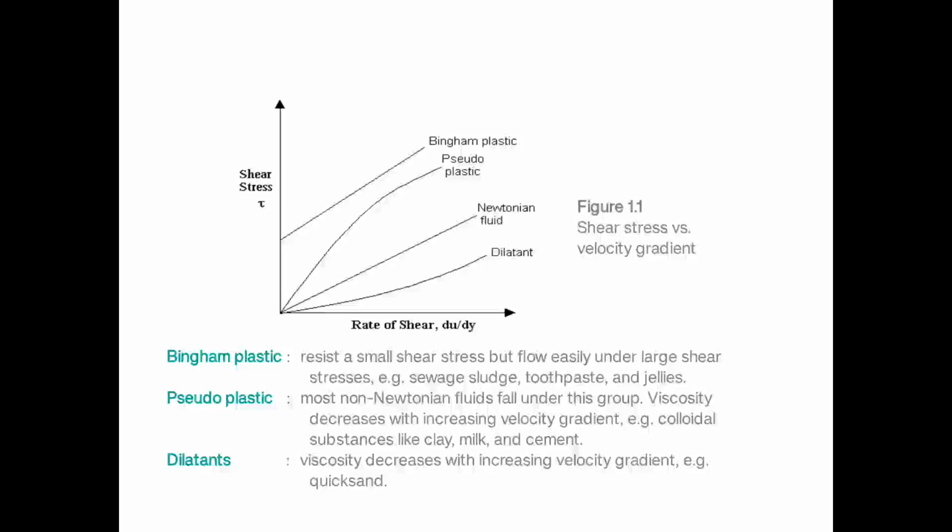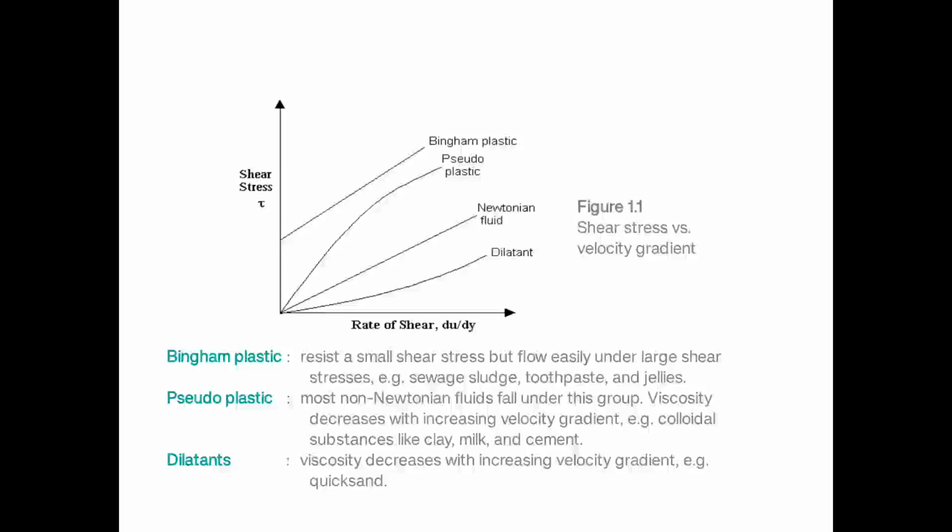Got it? Then, if you see the bottommost curve, the dilatant, which is concave upward mathematically, that means the viscosity increases with an increase in velocity gradient. There is a specific category of fluids in which the liquid volume is very small compared to the suspended solids.